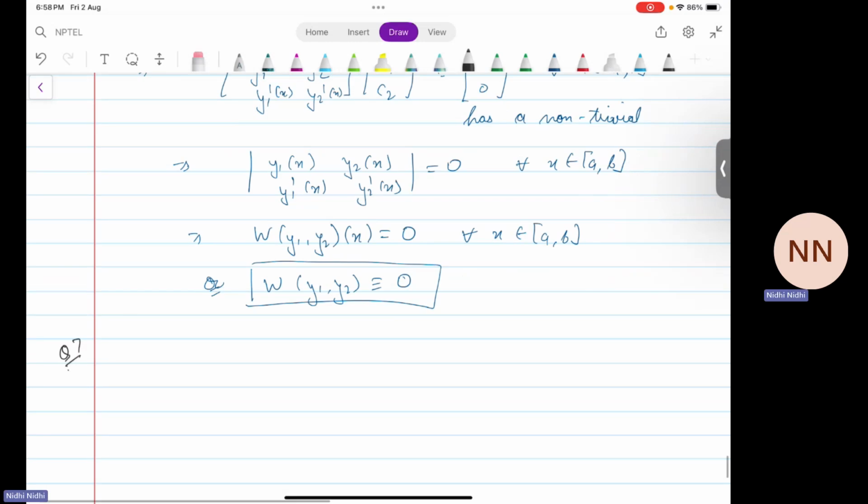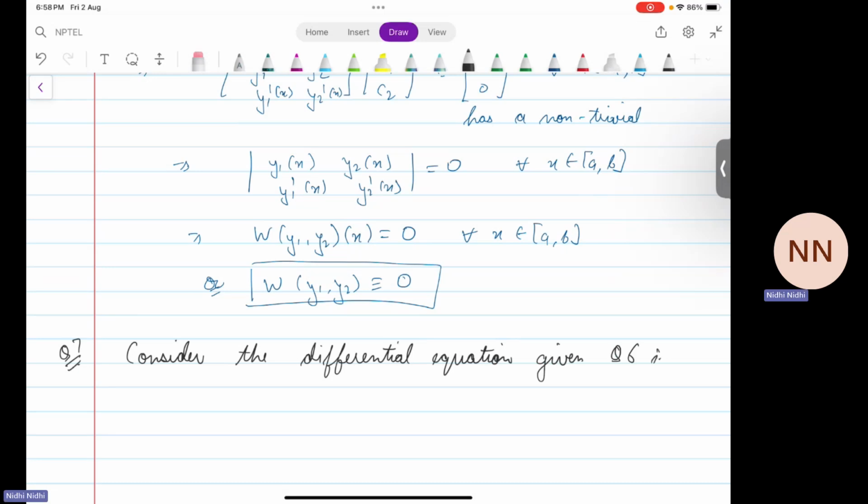Question 6. Consider the differential equation given in question 6, that is the equation star.